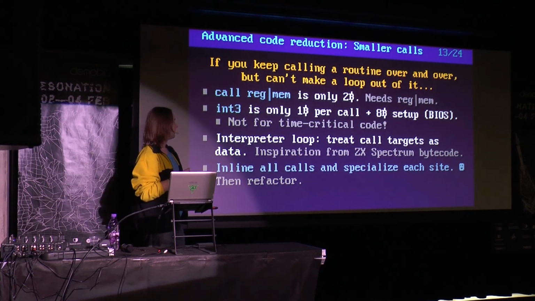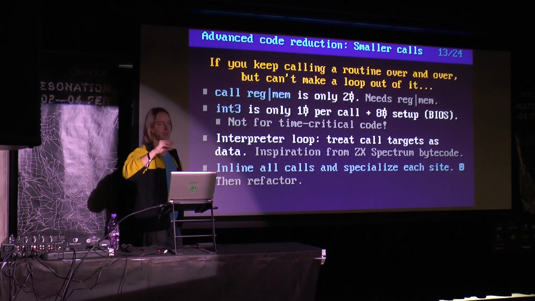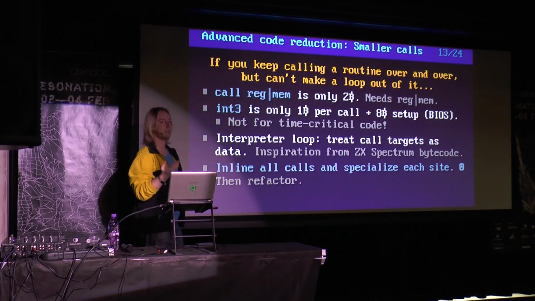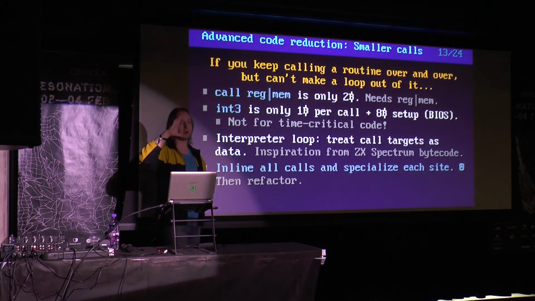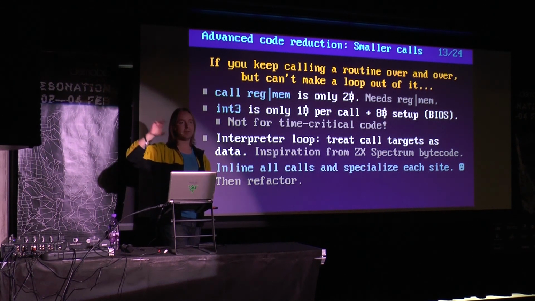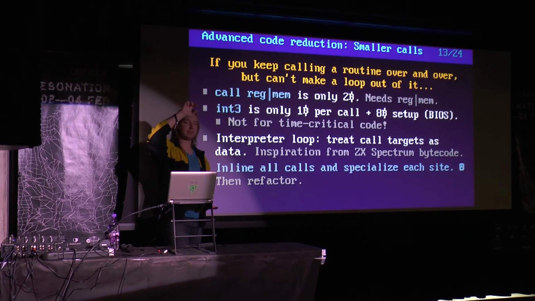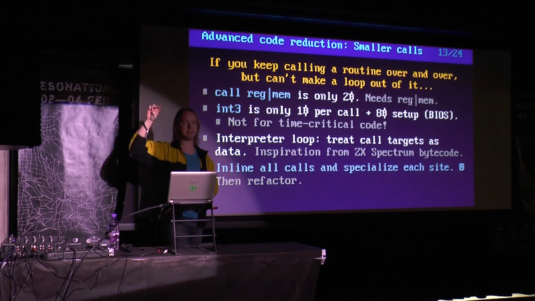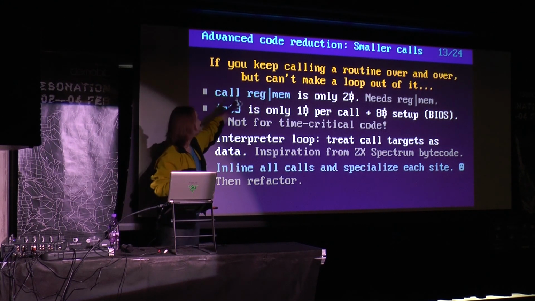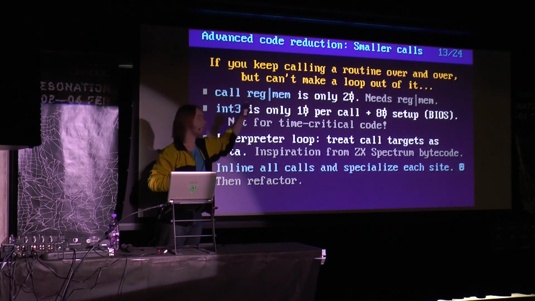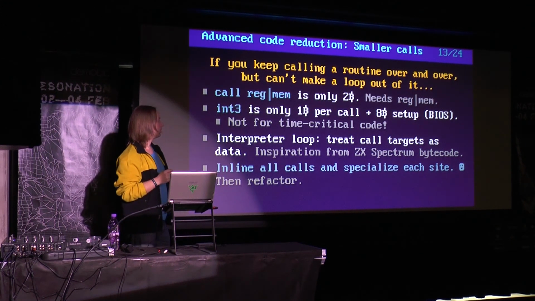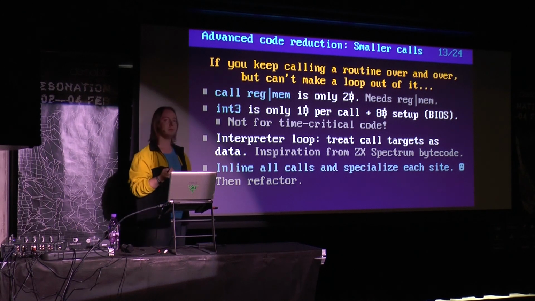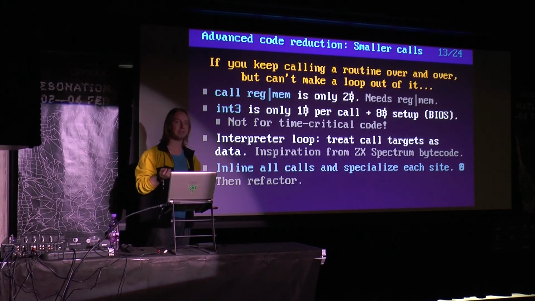We can treat the calls as data, so we don't need to encode their addresses. We can just store indices into an address table, and then have an interpreter loop that takes the index, converts it into an address, and calls the computed value. This is how math-heavy algorithms on ZX Spectrum 256 bytes are made.